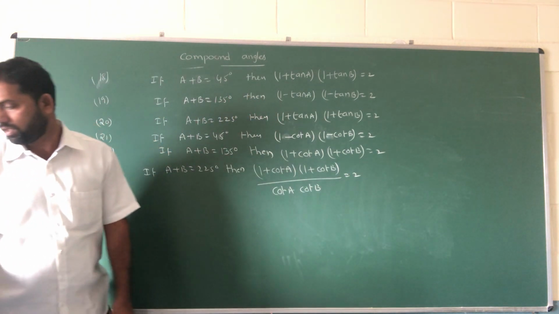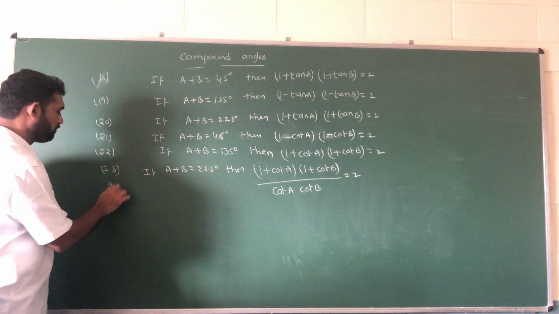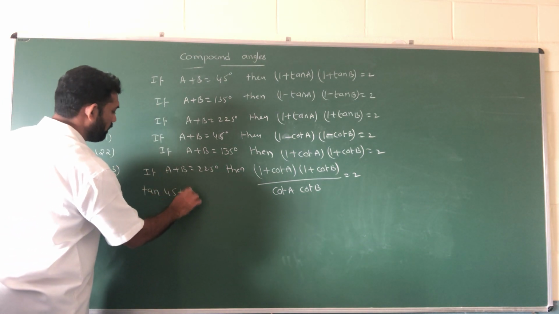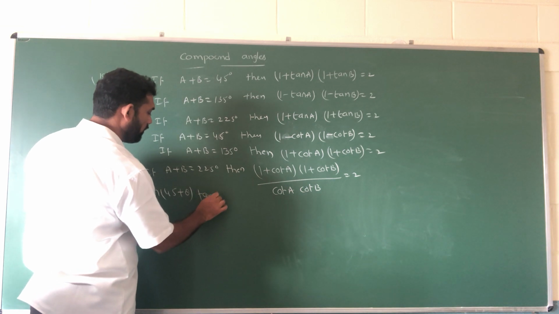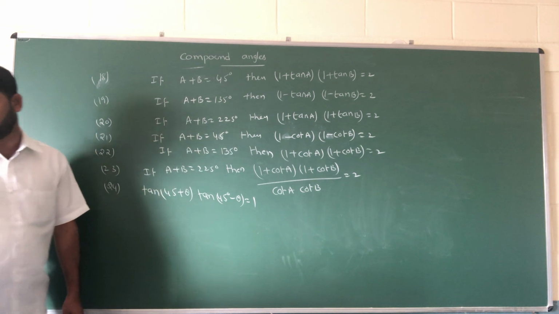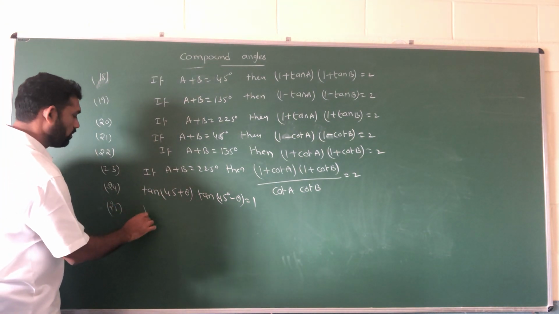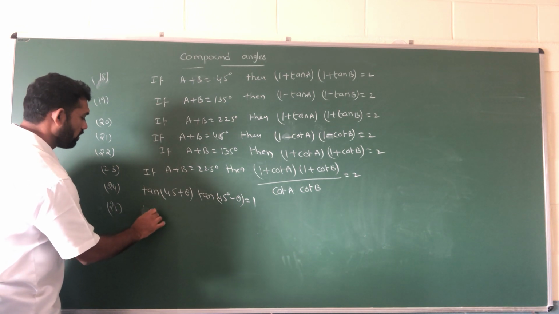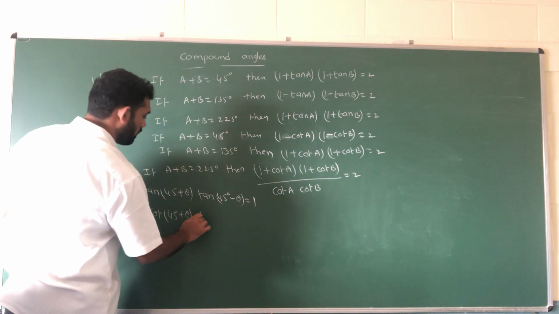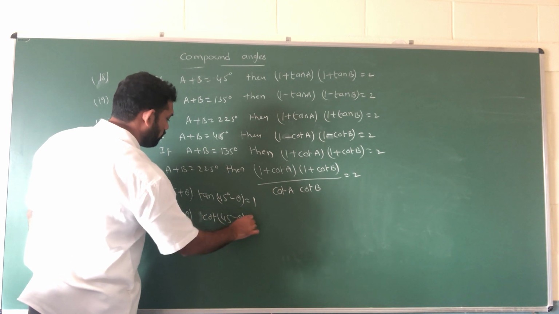Next point, 24: tan of 45 plus theta into tan of 45 degrees minus theta, the value should be 1 only. Next one is 25: cot of 45 plus theta into cot of 45 minus theta, the value should be 1.